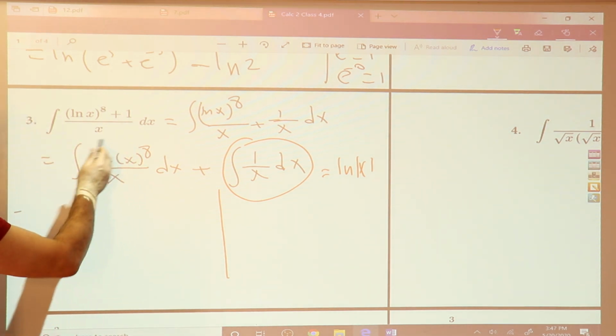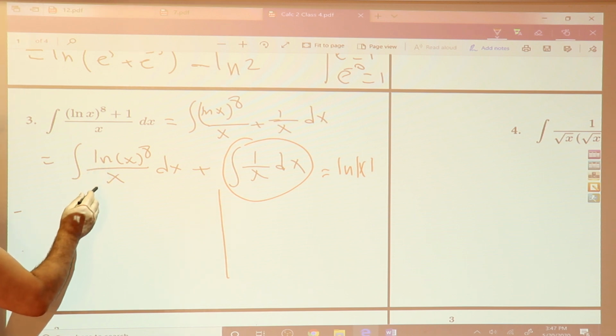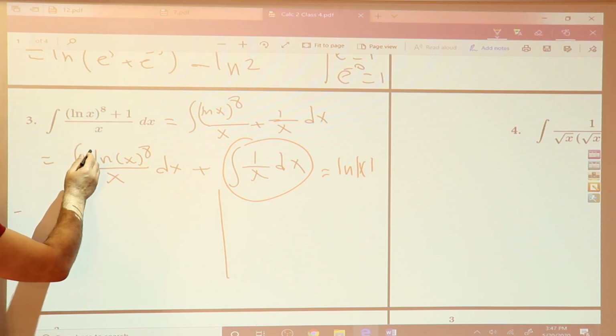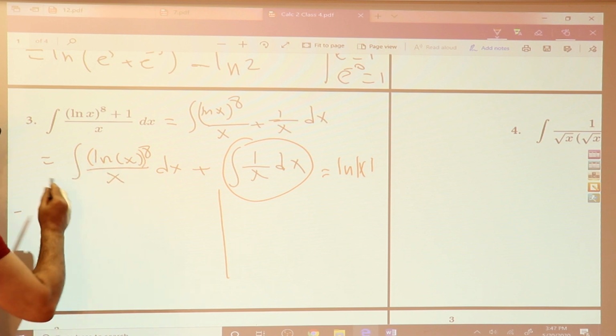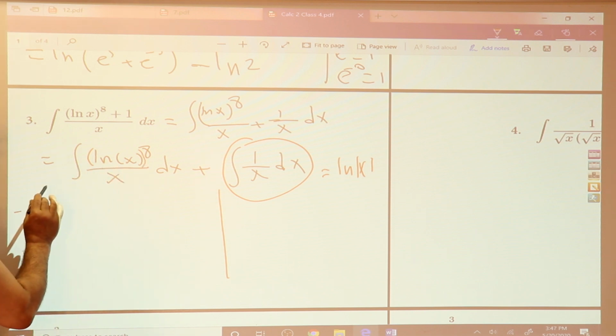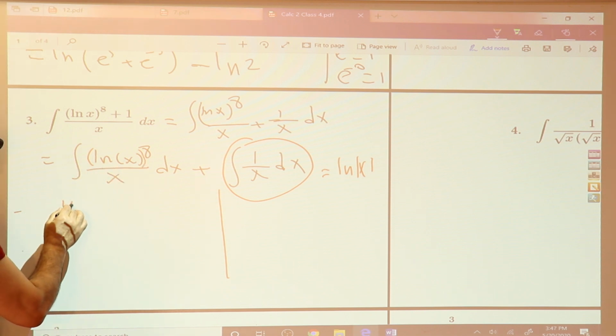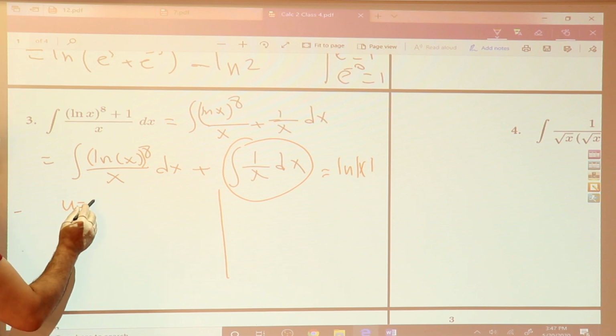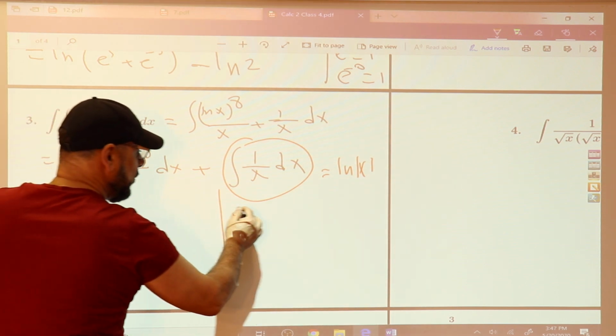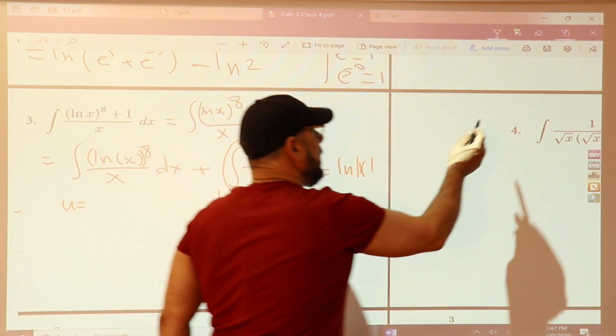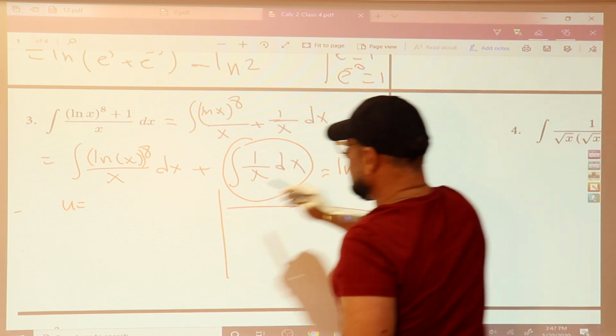In this case, for the other one, I'm going to use integration by substitution, with u equal ln x. I'm going to put it on this side and keep my u's here.